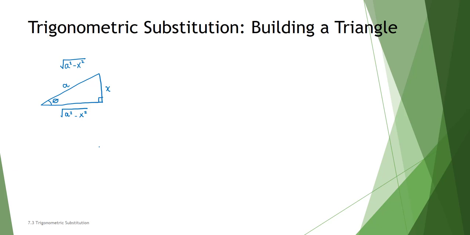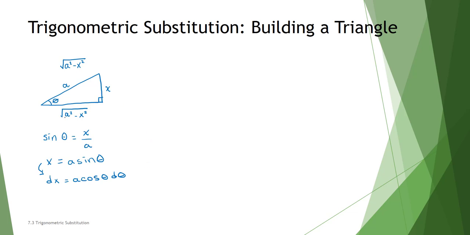Then you can read directly off this triangle that sine of theta is x divided by a, which means that x equals a sine of theta. From here, you can figure out that dx is a cosine of theta d theta just by differentiating both sides.